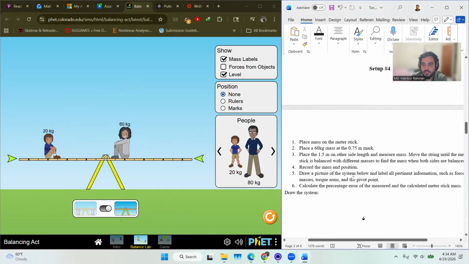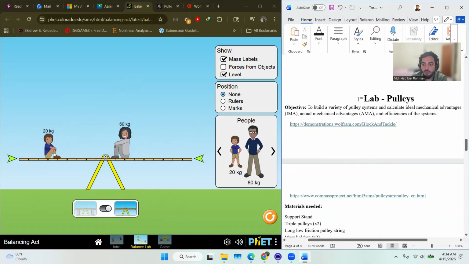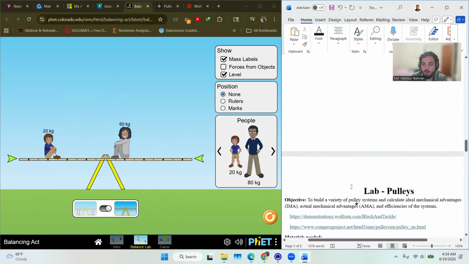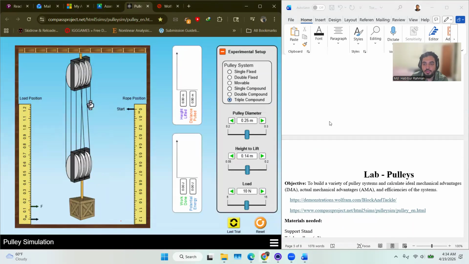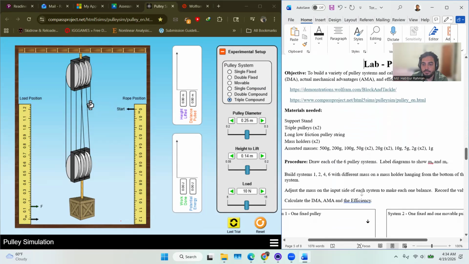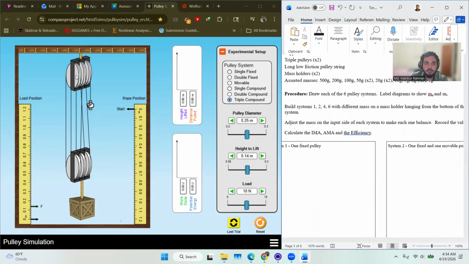And the pulley system actually, let me explain to you. The pulley is also a force multiplier, but we apply less force per unit time, although you have to pull longer.